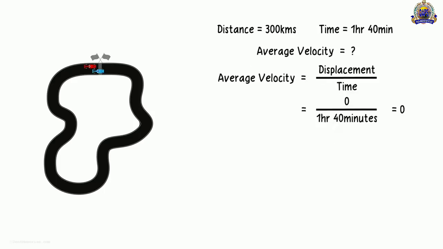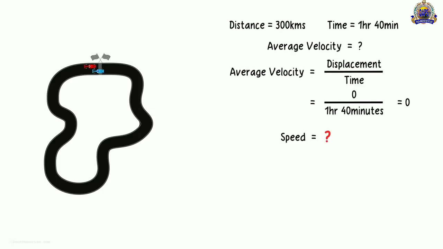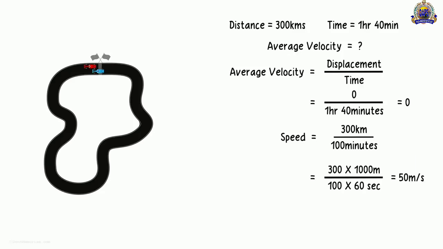Okay, so now what will be the speed? As we want to calculate the speed of the bodies, we will first put in the distance and then the other values. We have 300 kilometers and 100 minutes, and we convert kilometers and minutes into standard units. It will be 50 meters per second.